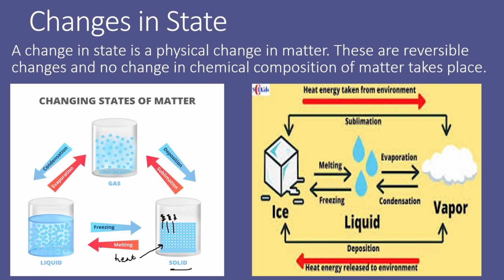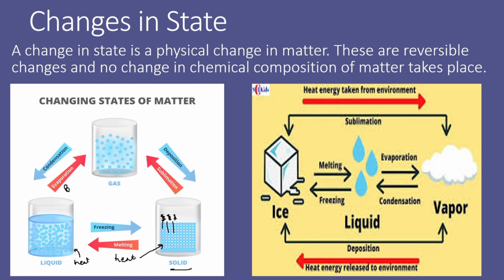Alright, now if you keep heating the liquid, again the kinetic energy of the molecules will increase, and finally they will overcome the forces of attraction and they will evaporate. Liquid will change into gas, and finally if you keep on heating it, the liquid may boil.